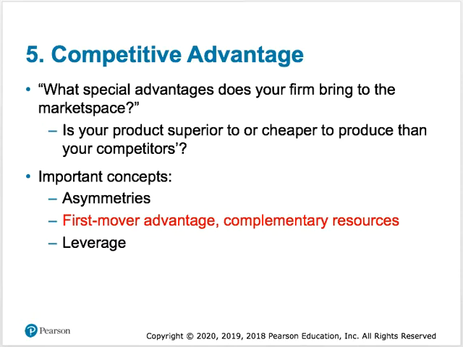The fifth element of the business model is the competitive advantage. Firms achieve a competitive advantage when they can produce a superior product and/or bring the product to market at a lower price than most or all of their competitors.